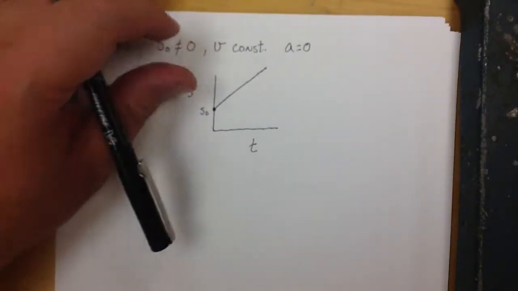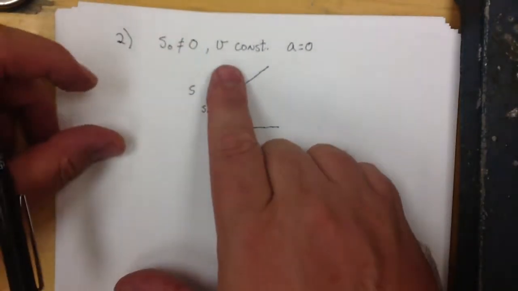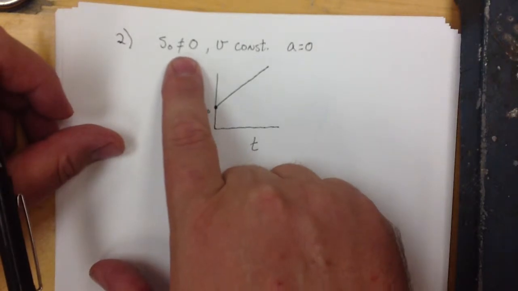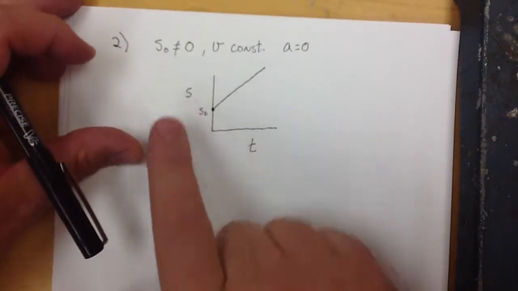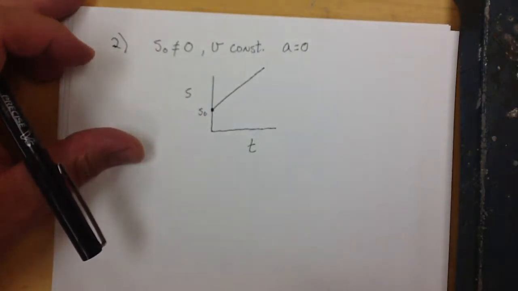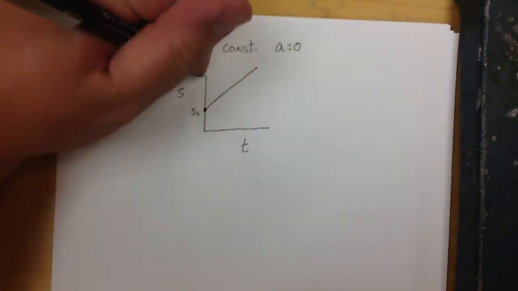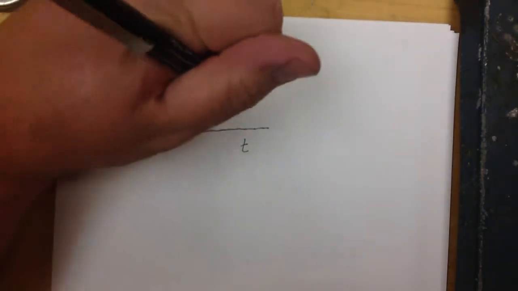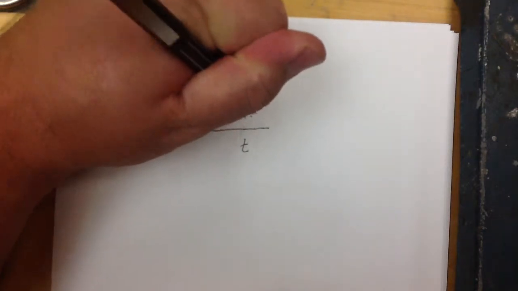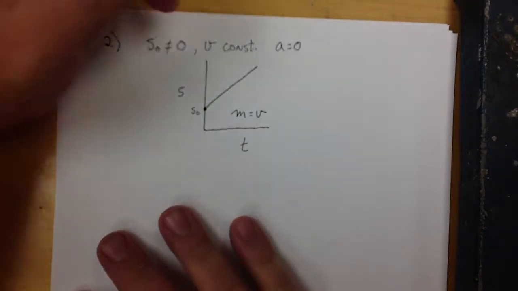In our next scenario, acceleration is still 0 and velocity is constant, but we let the thing start at a position other than 0. In other words, it's not starting at the origin. The same thing holds true here. Slope is equal to the velocity, which is equal to rise over run.